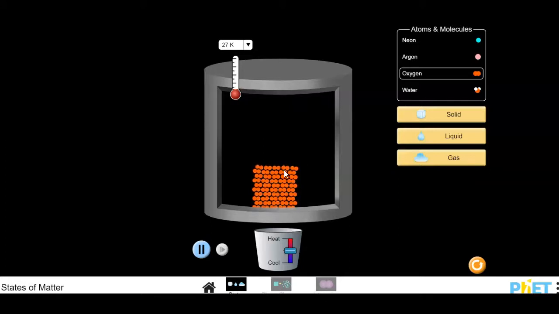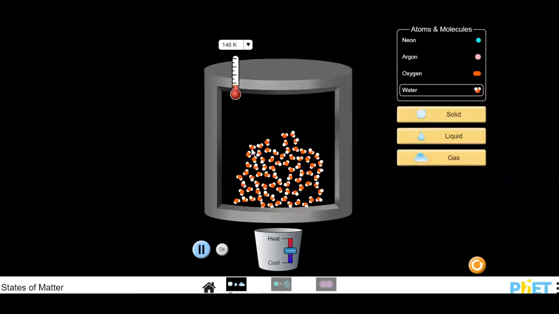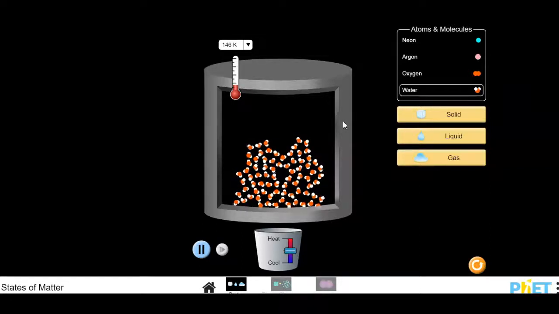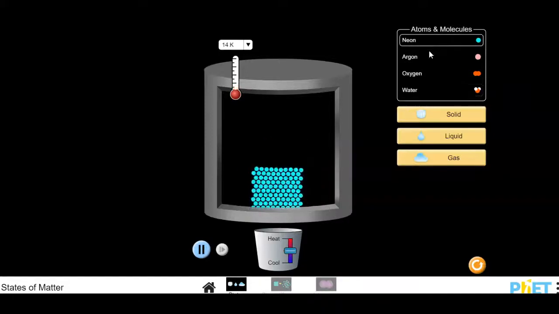And that's because, again, oxygen is a diatomic molecule. Here are water molecules, and again, if you look closely, you can see the individual atoms, right? 2 hydrogens and 1 oxygen. But make sure you understand the difference between atoms and molecules. Molecules are groups of atoms.